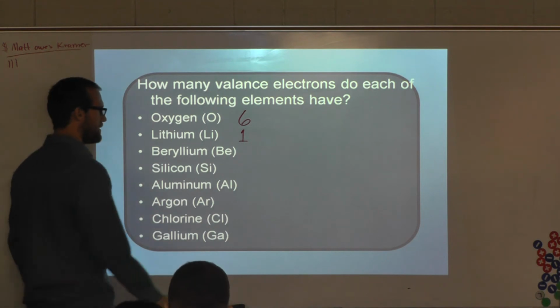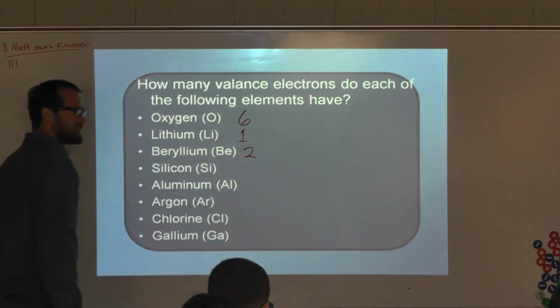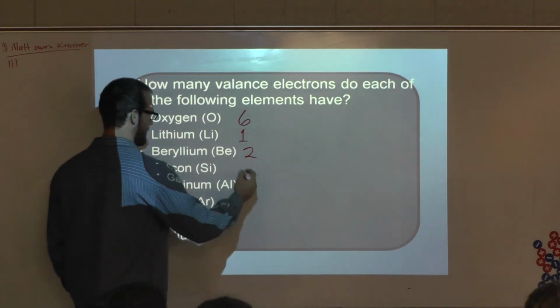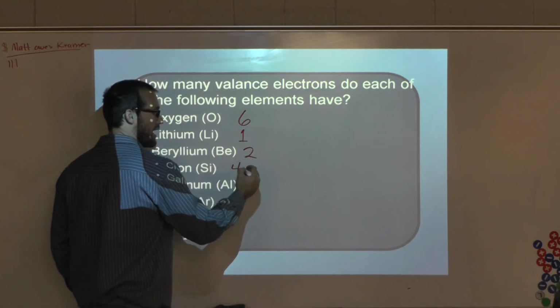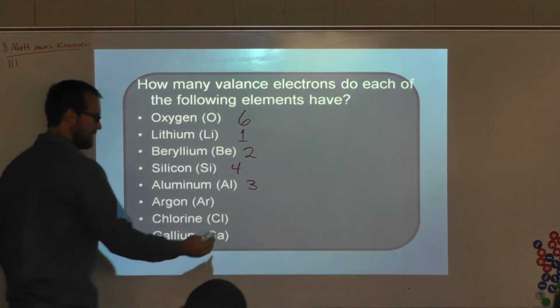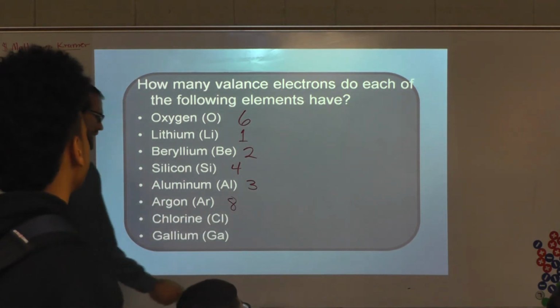Beryllium, Carly. Far left, top. Stevie, silicon: 4. Shane, aluminum: 3. Moira, argon: 8. Derek, chlorine, far right.